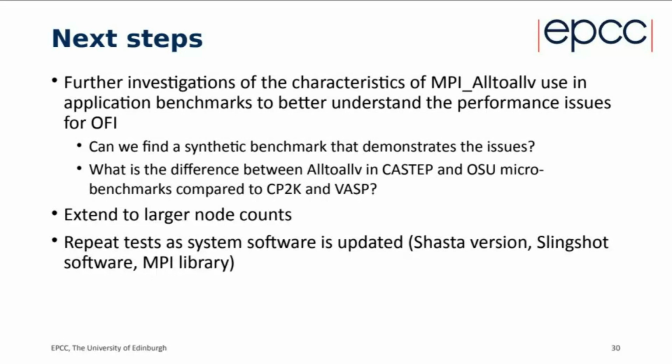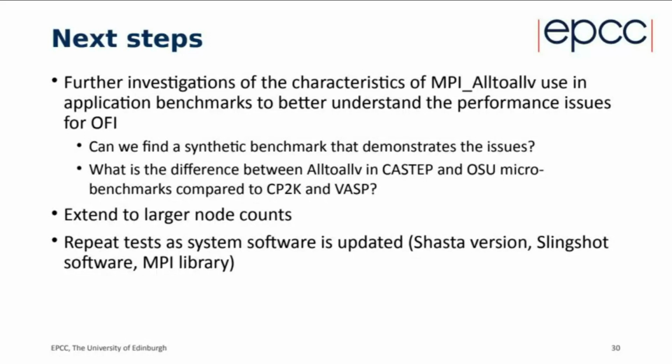This would then be something we could feed in to the OFI developers, saying this is what we found, what could be done to improve the performance here, and understand what the differences are between Auto-V in CASTEP and the OSU micro benchmarks compared to CP2K and VASP. In CASTEP and the OSU benchmarks, we see similar performance between OFI and UCX, and in CP2K and VASP, we see very different performance characteristics.